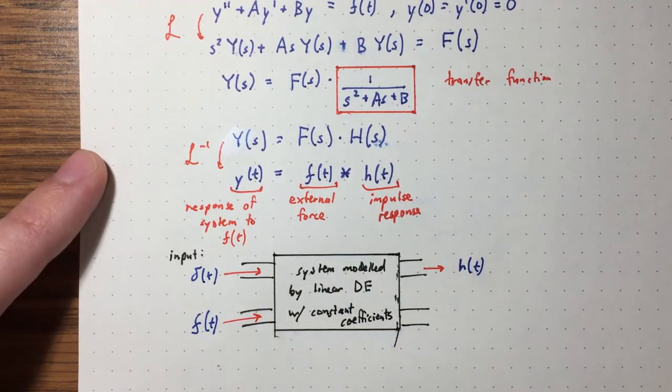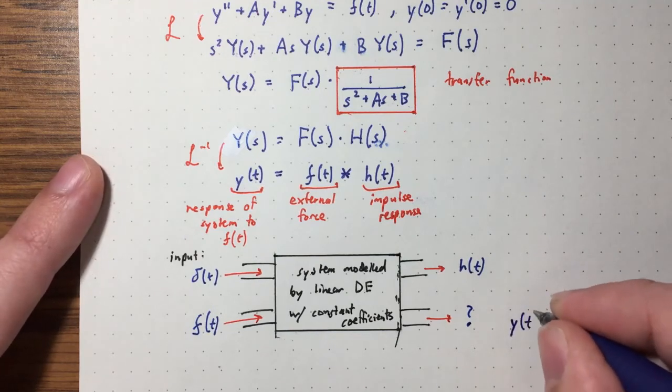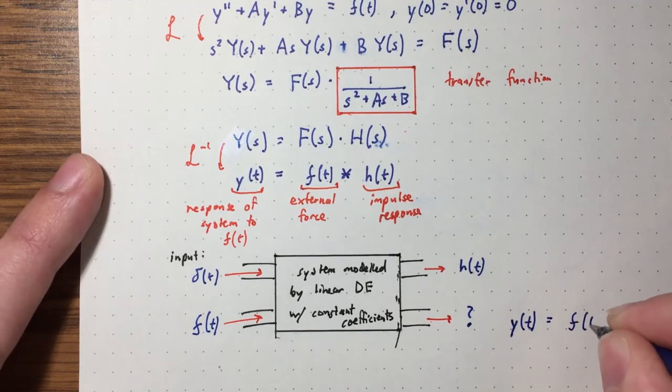And now the question is, what do we get here? Well, here's what we get. We get f of t convolved with this h of t.